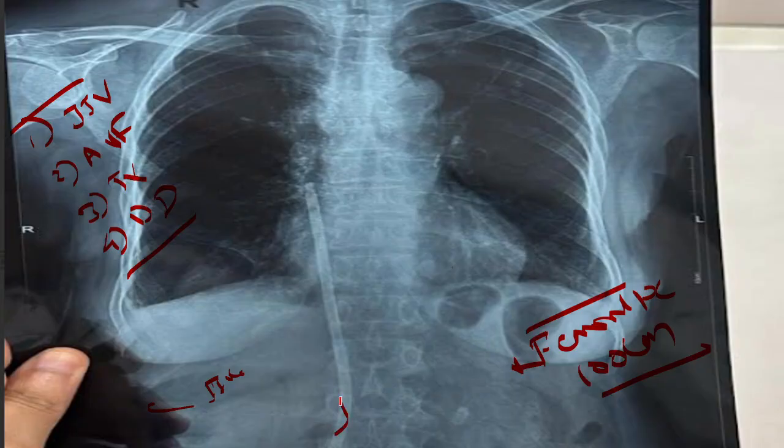It comes through the inferior vena cava and reaches the right heart. What is the problem in putting a small catheter? If the catheter is small, because of the suction pressure during dialysis, the catheter will frequently go and stick to the walls. As you remember from childhood, when you had a pen cap, if some kind of suction pressure is applied, the pen cap will stick to the walls like fingers.